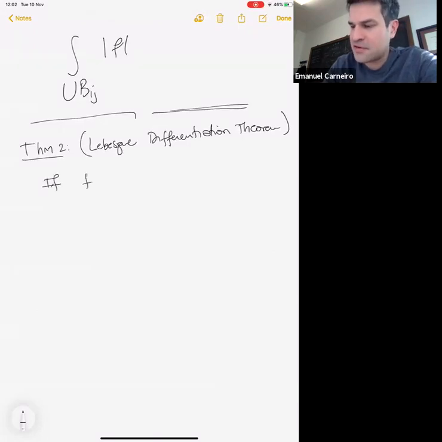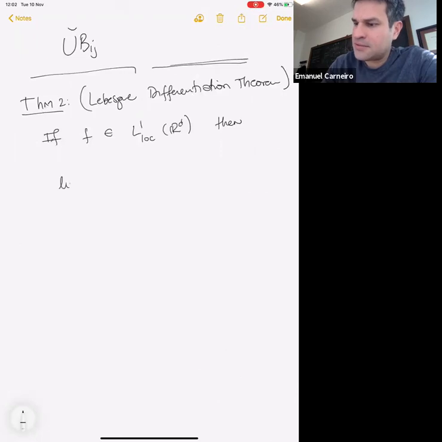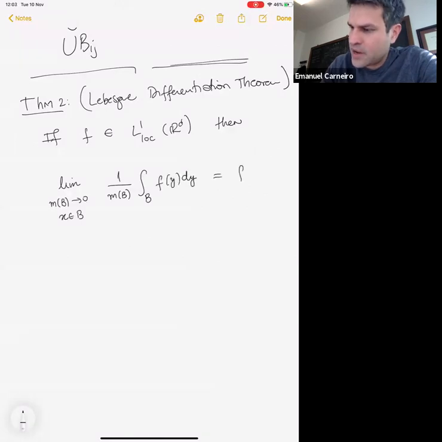If a function f is locally integrable, then the limit, when the measure of the ball goes to 0, with the point inside the ball, of the averages goes back to the value of the function for almost every x in Rd.